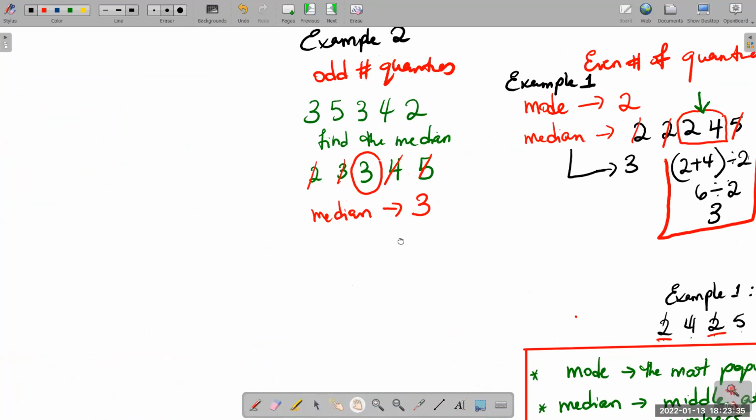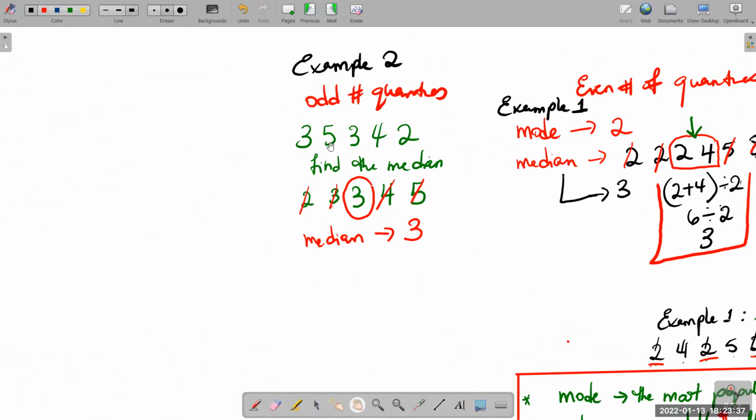All right, so let's try another example. So let's use these 5 data and let's find the mode. Since we already find the median, let's find the mode and let's find the mean. So everybody, what is the mode of this information here?